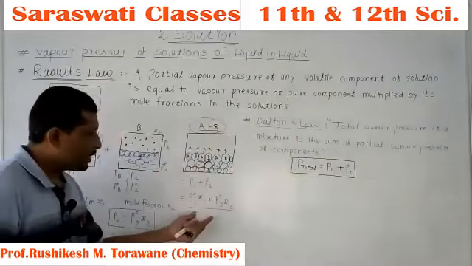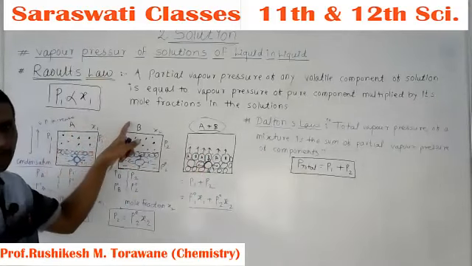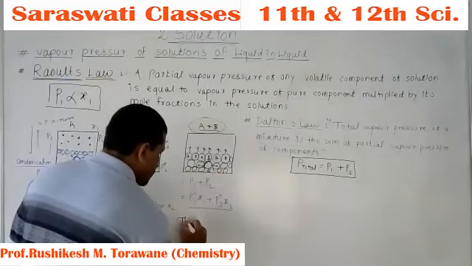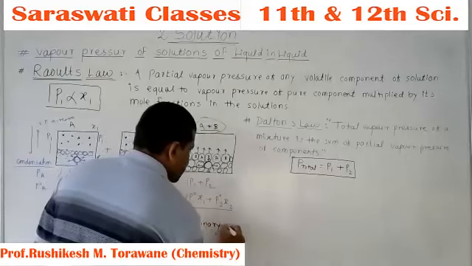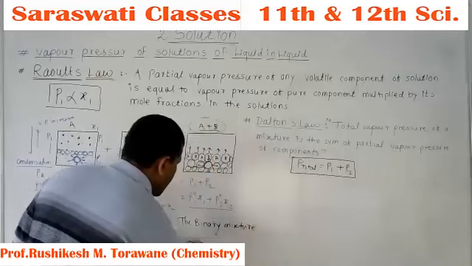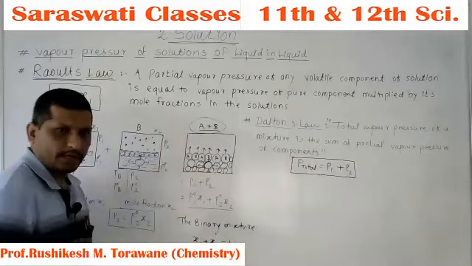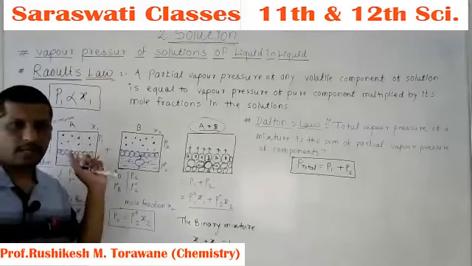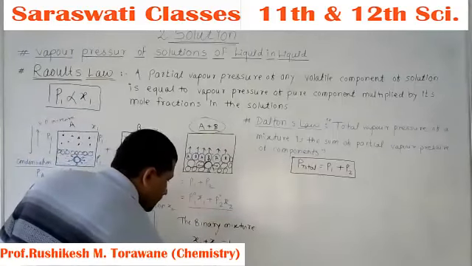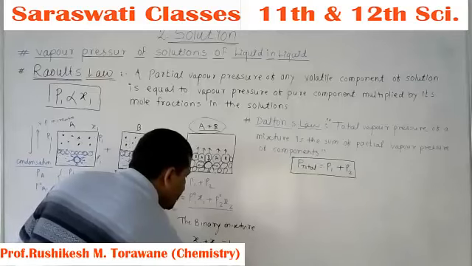We see next P01 x1 plus P02 x2. Here is the binary mixture, A and B. For the binary mixture, x1 plus x2 is equal to 1, because we add A and B to give A plus B, and we can rearrange: x1 is equal to 1 minus x2.